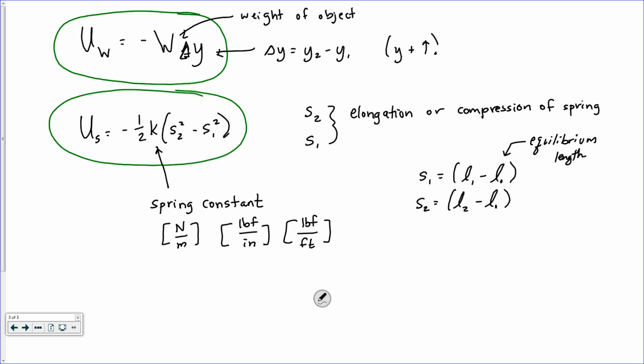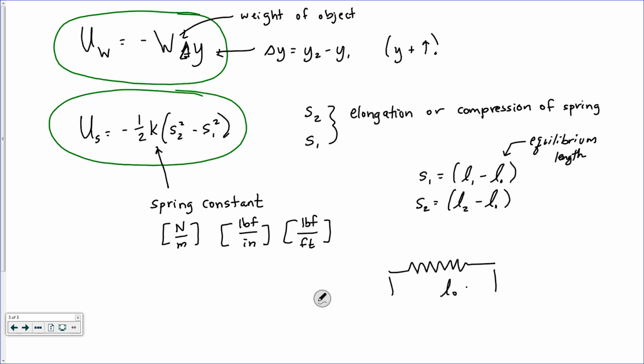Okay? It's the amount that the spring has been stretched out with respect to its equilibrium length. The equilibrium length is just simply the length of the spring when there's no force applied to it, when it's just sitting there. Okay? The spring itself is going to have some length, some natural length to it.